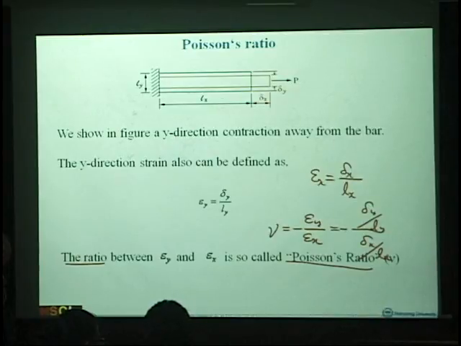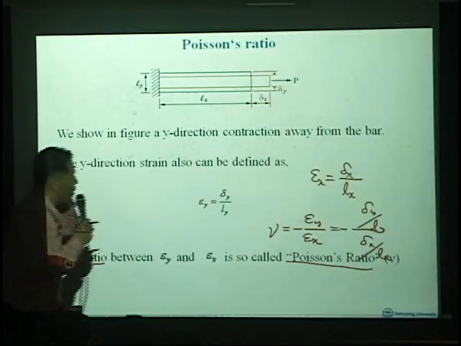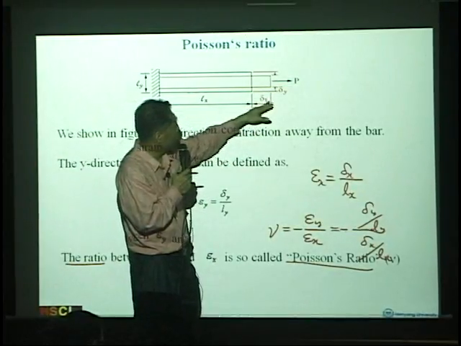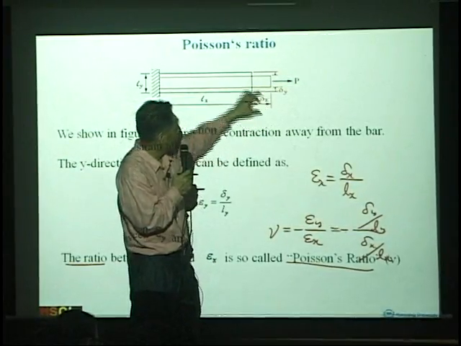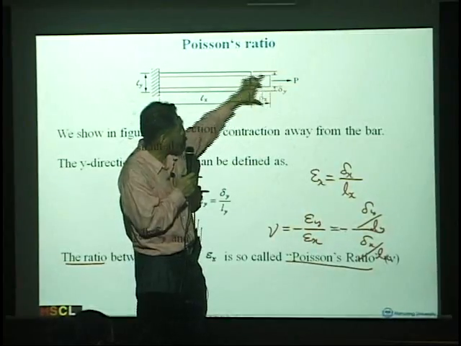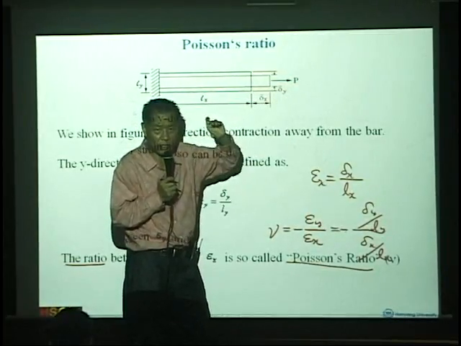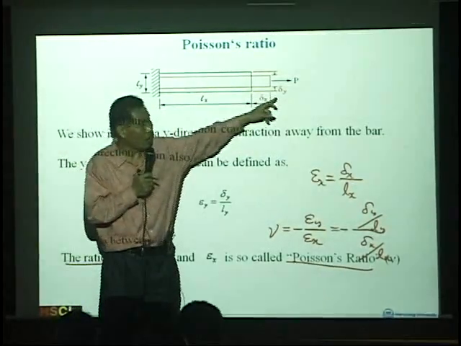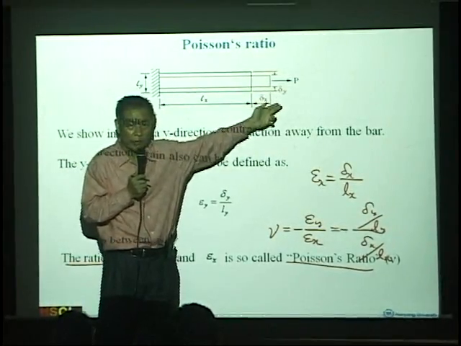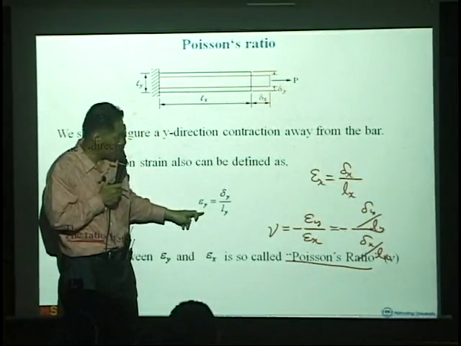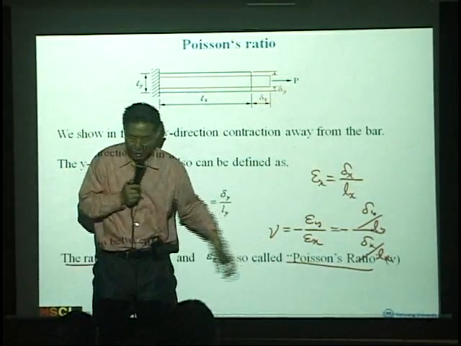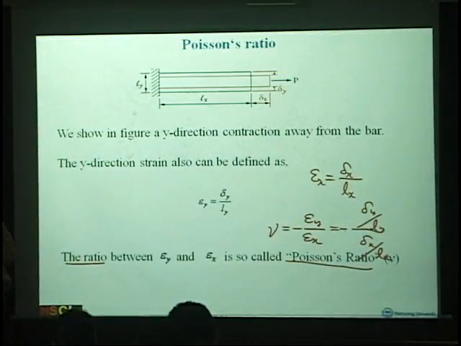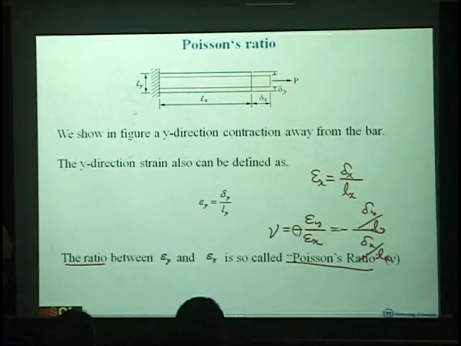There is a minus sign there because when this bar extends in the x direction, in the y direction it always contracts. So epsilon y, and delta y, should be negative, but the material property is better defined as a positive value, so that's why we use a minus sign here.